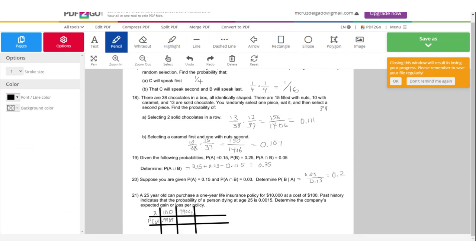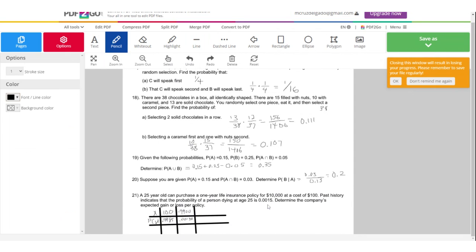And the probability of that happening is 0.0. All right, so that's enough for what we need.